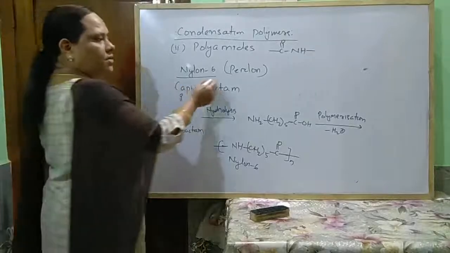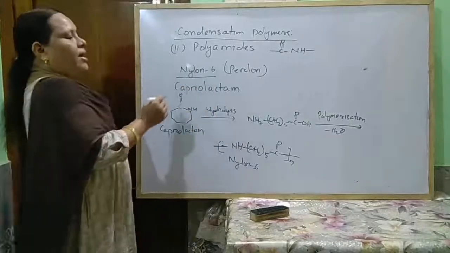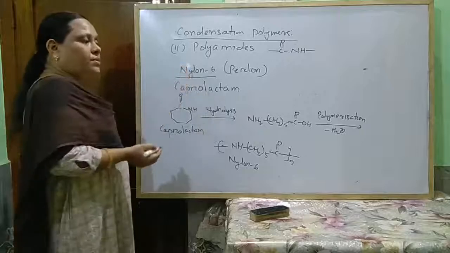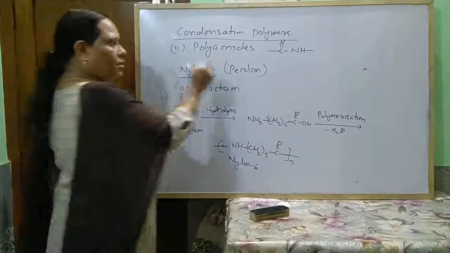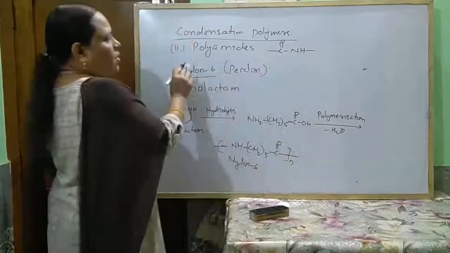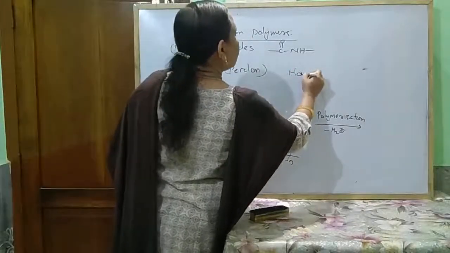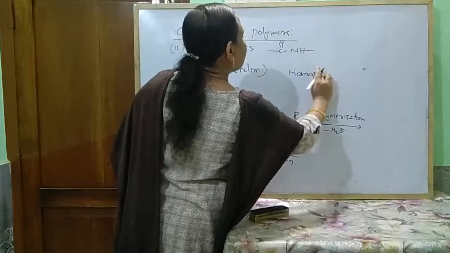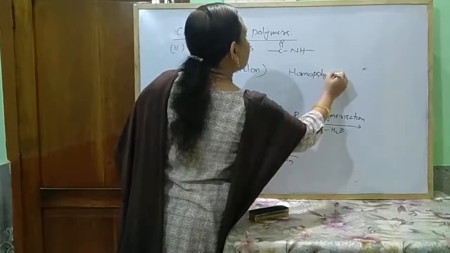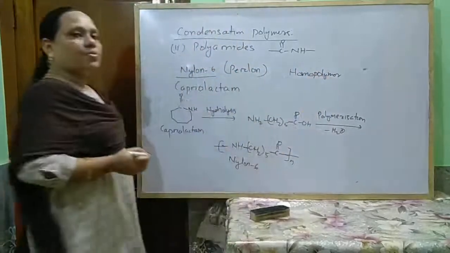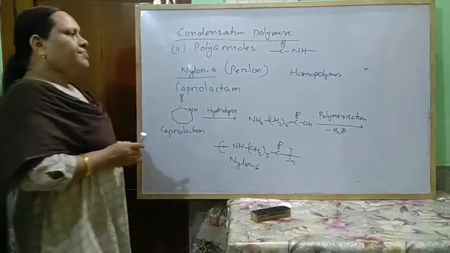And nylon 6 is also known as Perlon, and this is a polyamide, a condensation polymer, also a homopolymer.